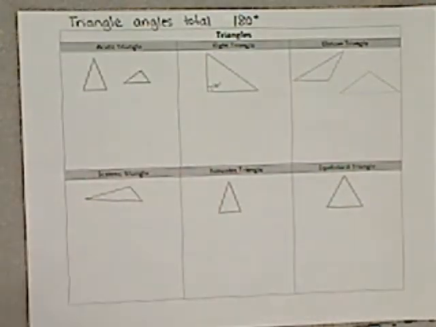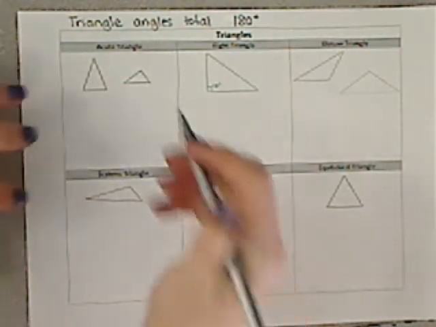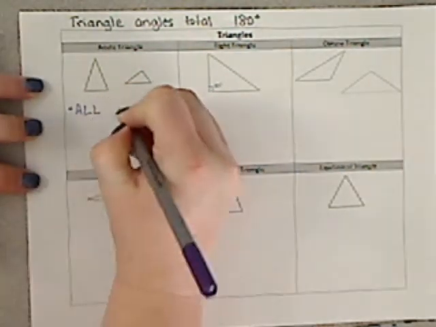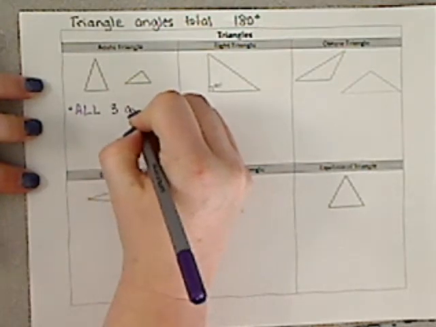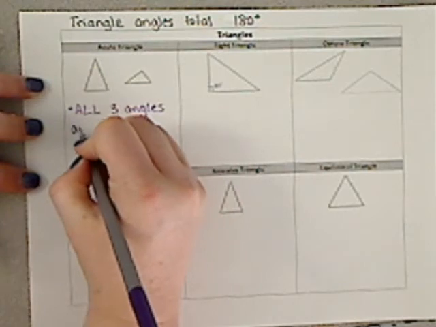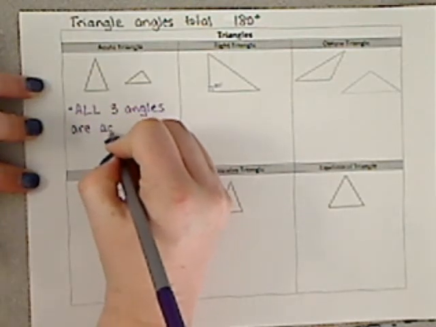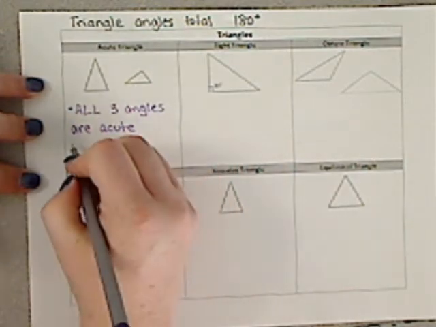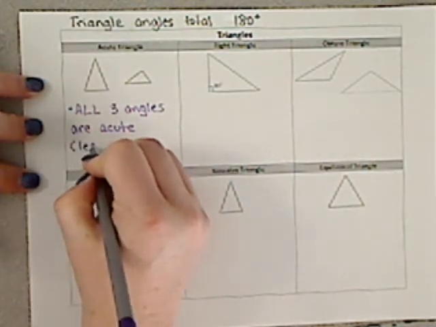So starting with acute triangles, all three angles are acute, meaning that they're all less than 90 degrees.